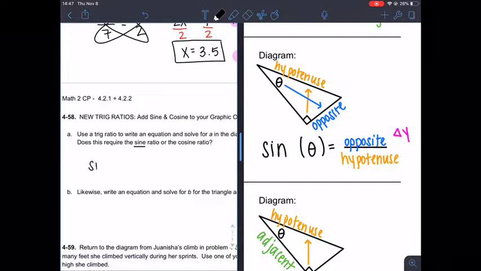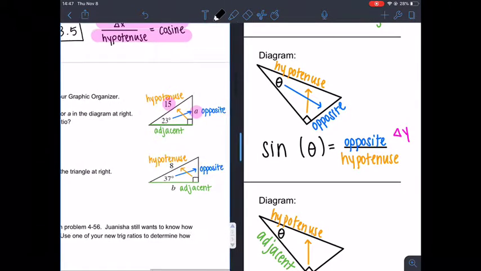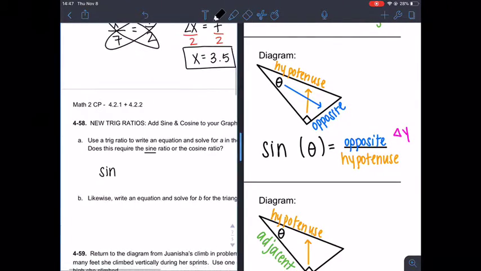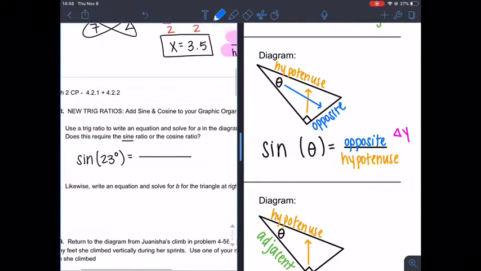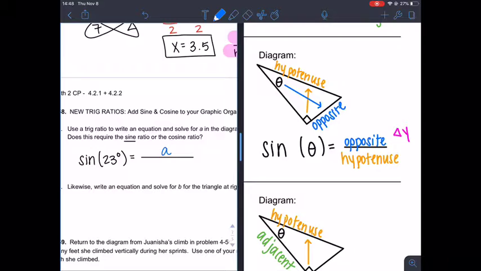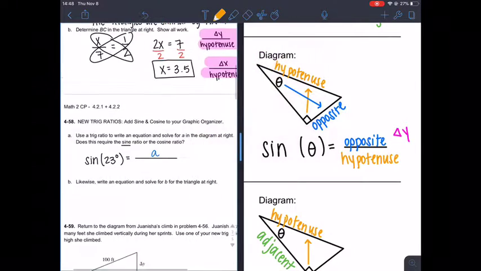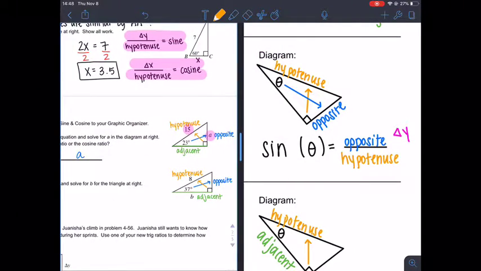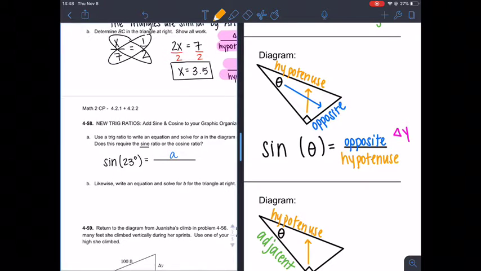We're going to say sine of our angle, which is 23 degrees, equals, looking at my graphic organizer, I'm going to have my opposite side, which was A, over my hypotenuse, which is 15.